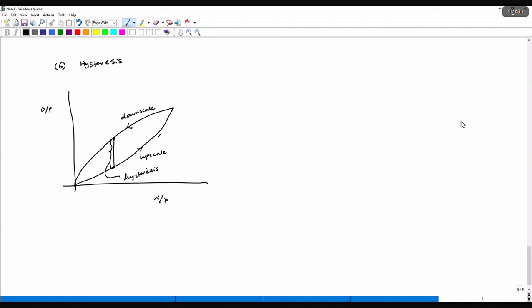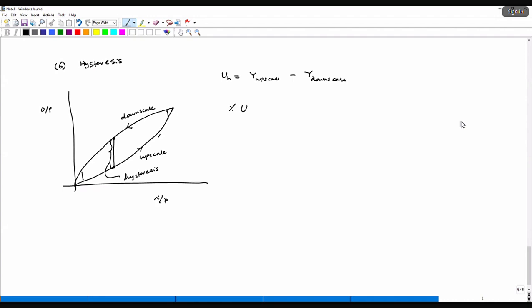So how do you characterize hysteresis then? Because hysteresis is different here and hysteresis is different here. So typically the hysteresis is the difference of y upscale minus y downscale, or vice versa, because you can always take a modulus to make it positive.